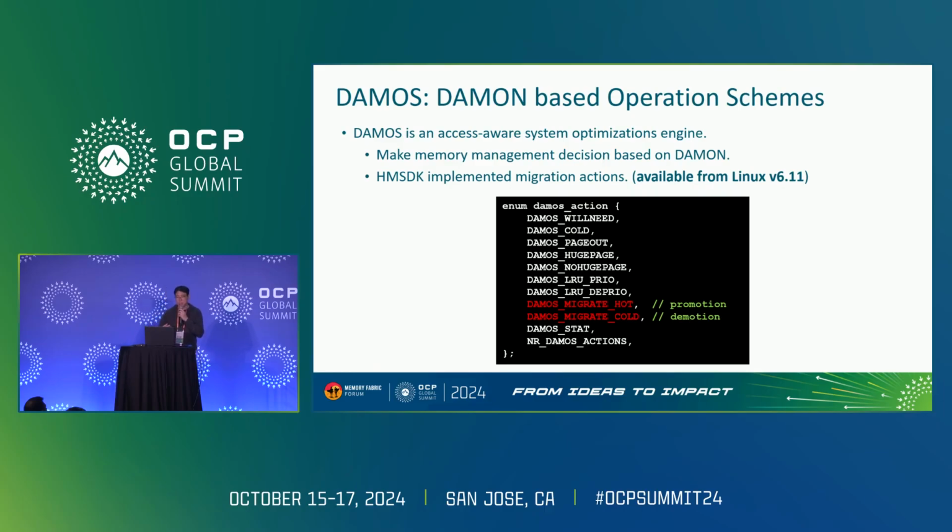In HMSDK, we implemented some migration actions and added them to the Linux kernel. That is called DAMOS migrate hot and cold, which means promotion and demotion. That is fully upstreamed, and it is available from Linux version 6.11, which was released last month.